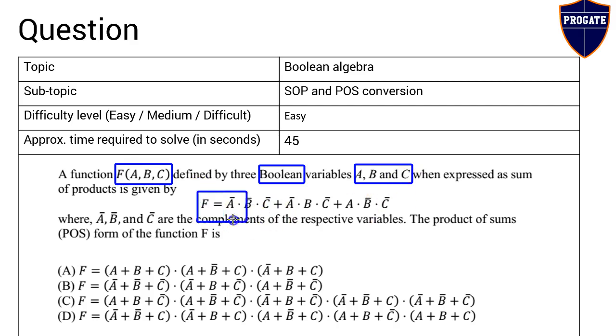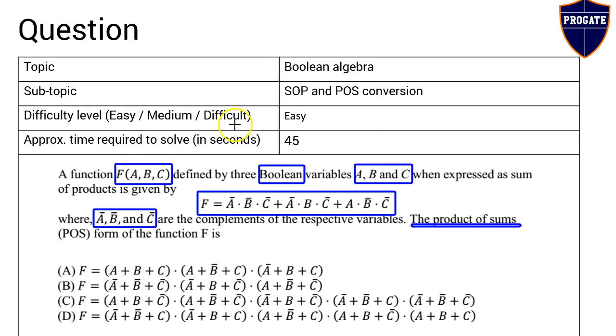He has given the function f, and this is the definition of that function. a bar, b bar, c bar are nothing but the complements of the respective variables. The product of sums form of the function f is.